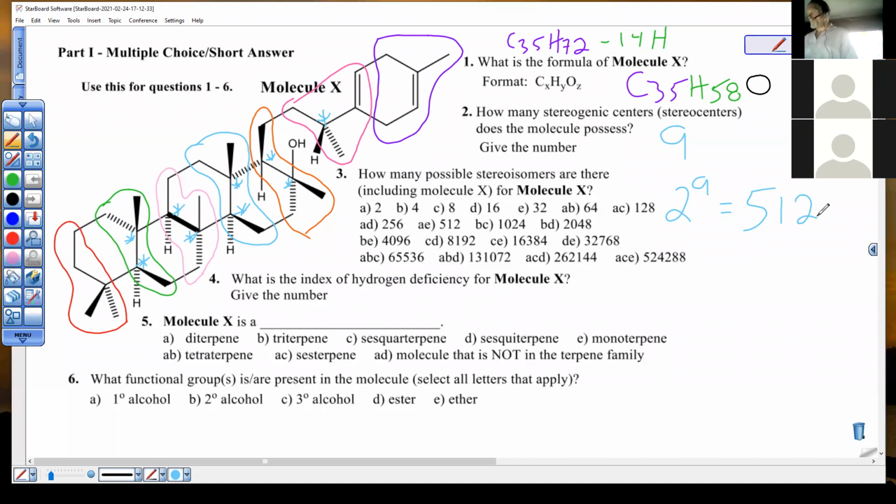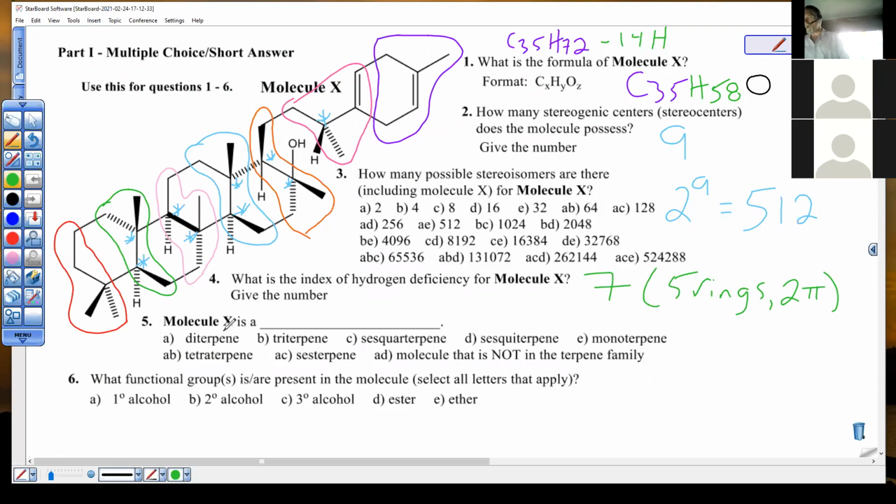Now, the index of hydrogen deficiency, we already kind of answered it. It's 7. We had 5 rings and 2 pi. Each item there gets rid of 2 hydrogens, gives an index of 1. So there's 7.